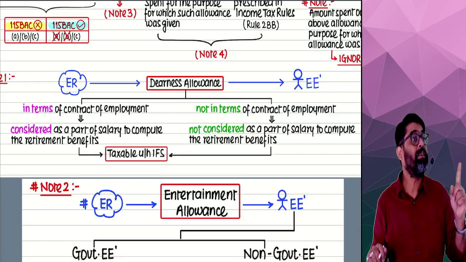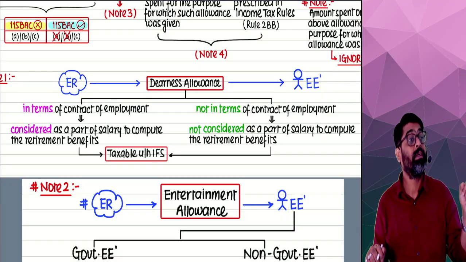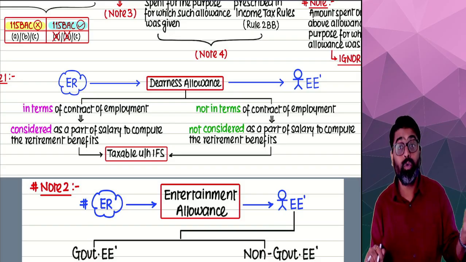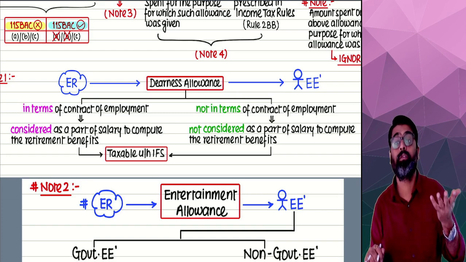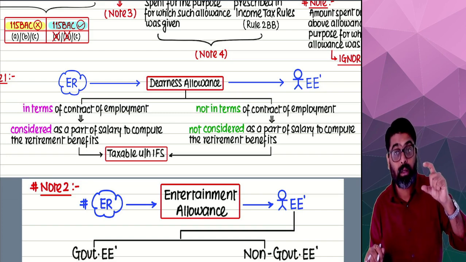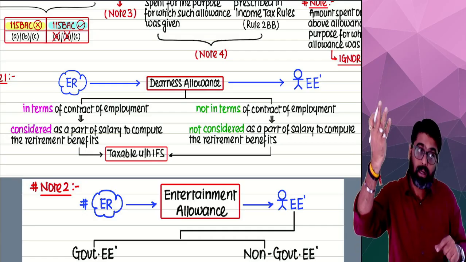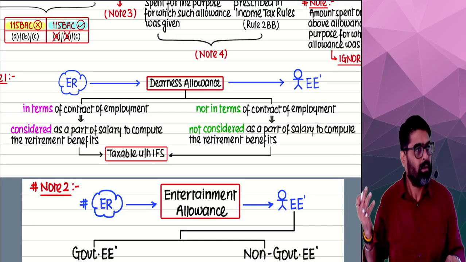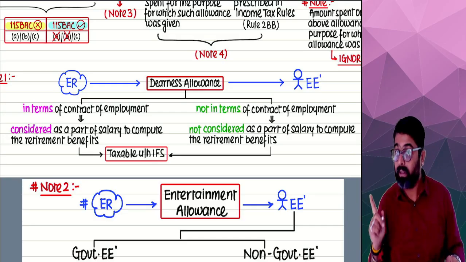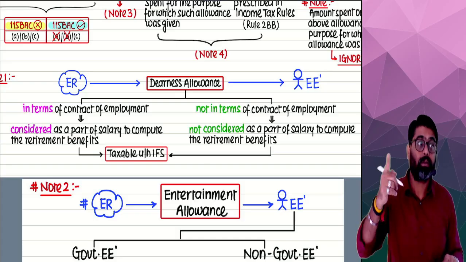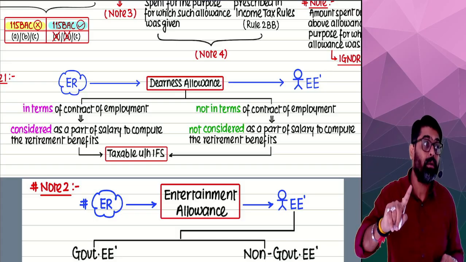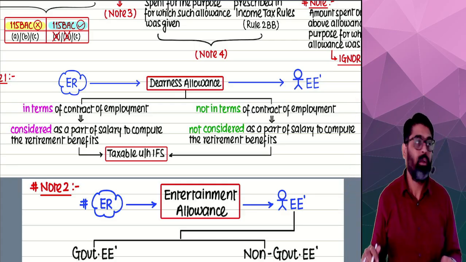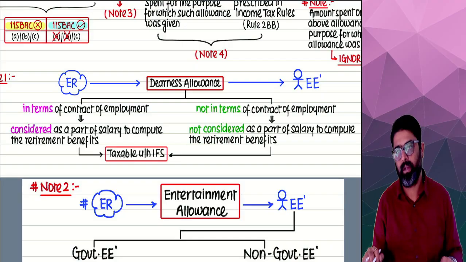DA in terms of contract is used for retirement benefits, means it will form part of your salary to calculate your retirement benefits. DA not given in terms of the employment contract will not form part of salary to calculate your retirement benefit. So this DA is not used for retirement benefits.